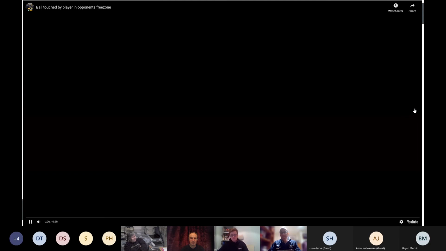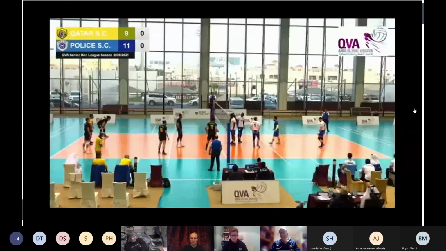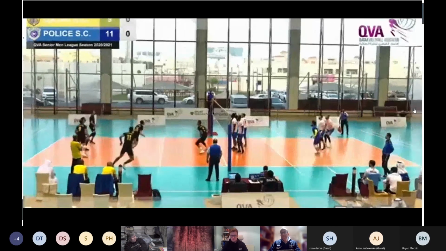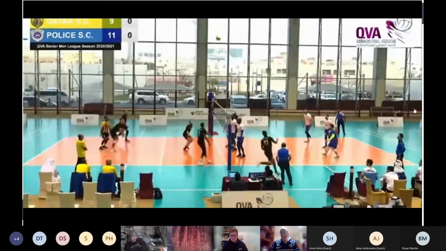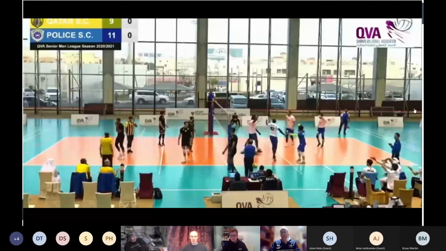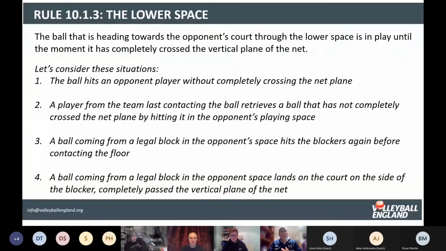Have a look at it again. Okay, so he correctly plays the ball back and then is still there when the ball comes off the block and hits him. So unfortunate, but there we are.